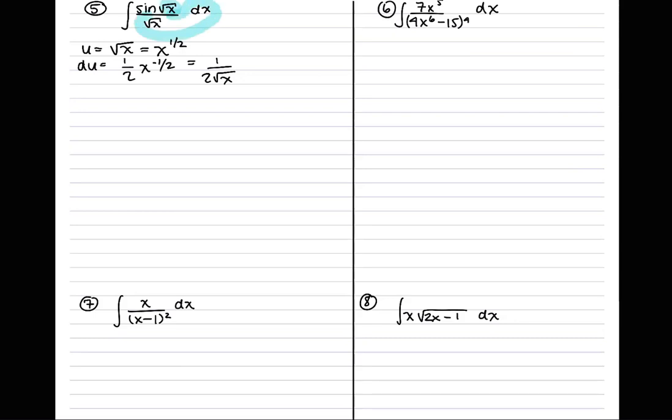Here's our du right there, 1 over square root x. So the only thing we need is that factor of a half. So I'm going to go ahead and correct this integral by multiplying by a half on the inside. Okay, and then multiply by the reciprocal of a half on the outside for your correction factor.